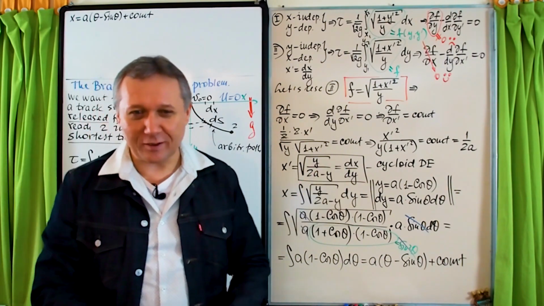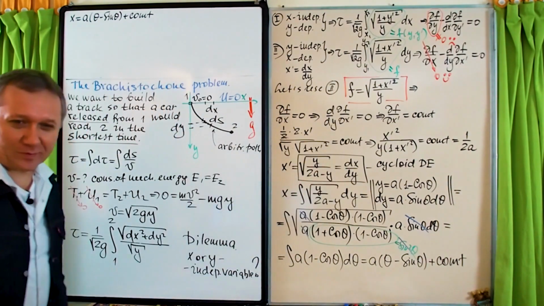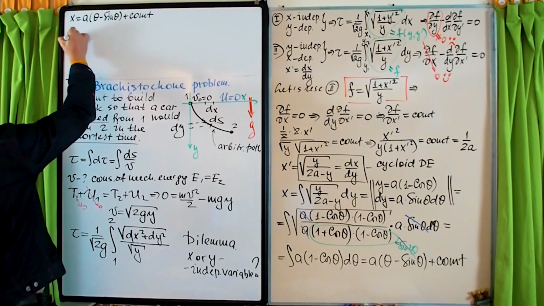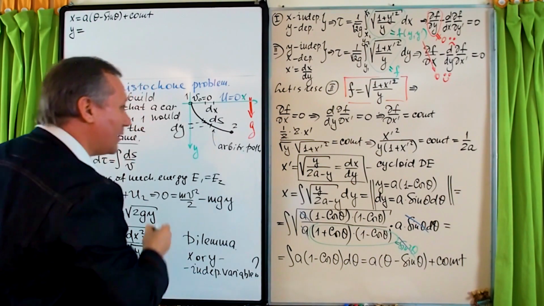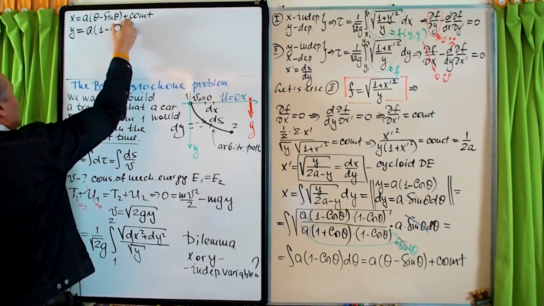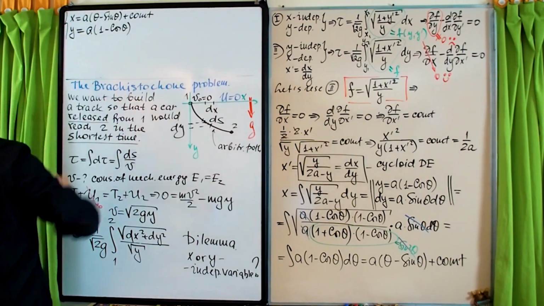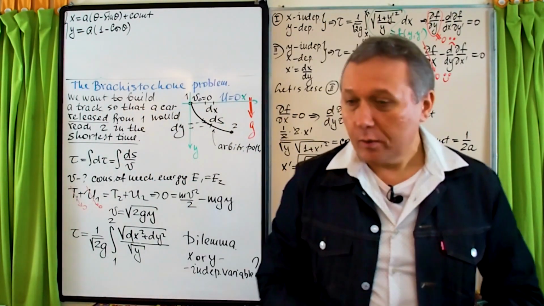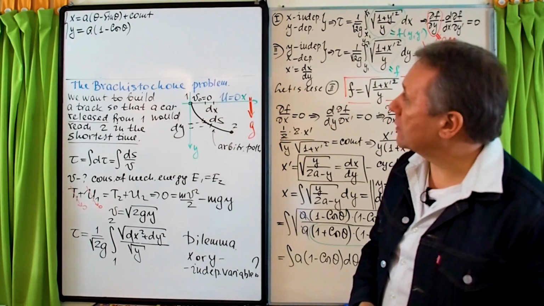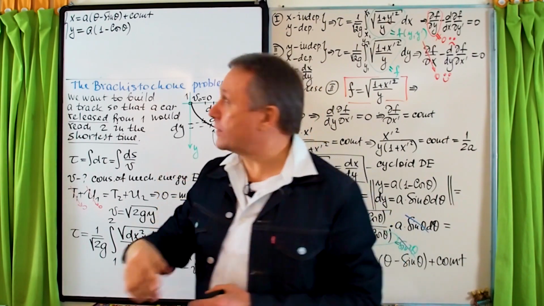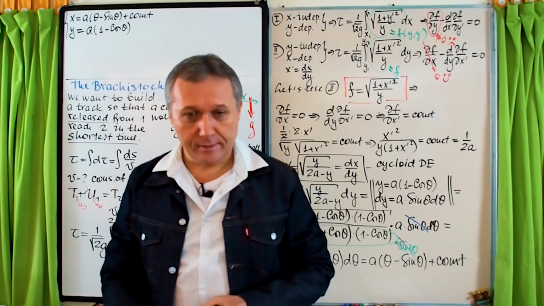We wrote the equation in the parametric form, a parameterization. So y equals a, 1 minus cosine theta. So that's the parameterization. We have that constant, this.